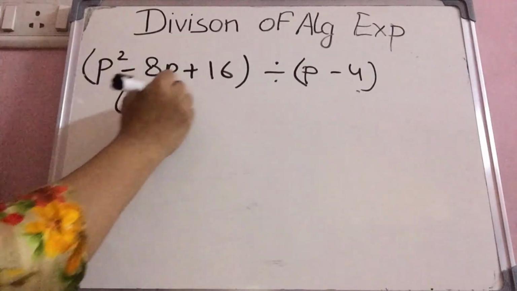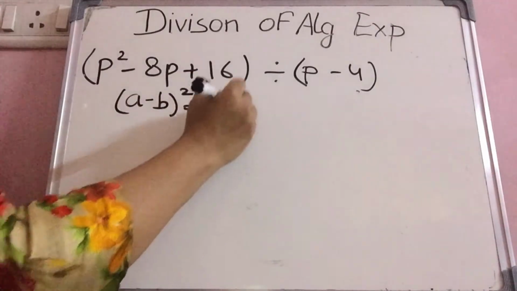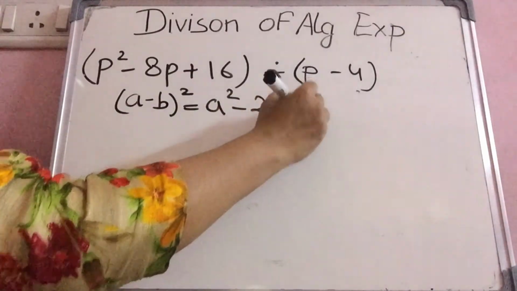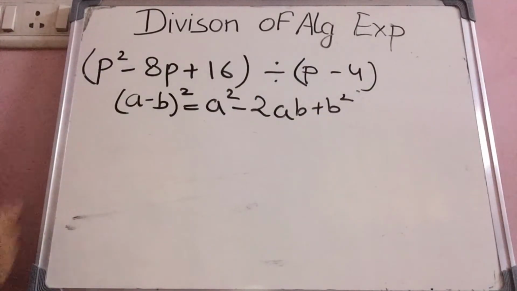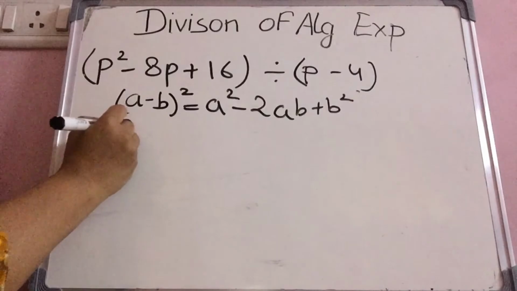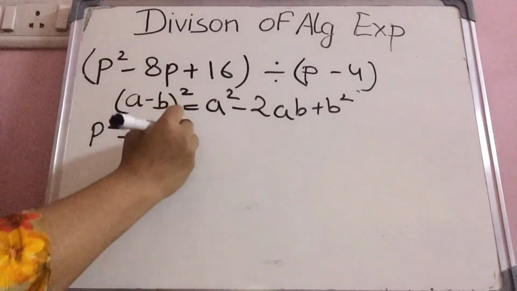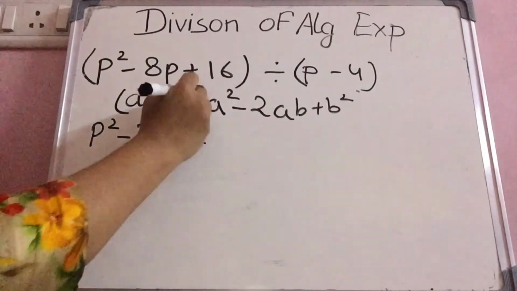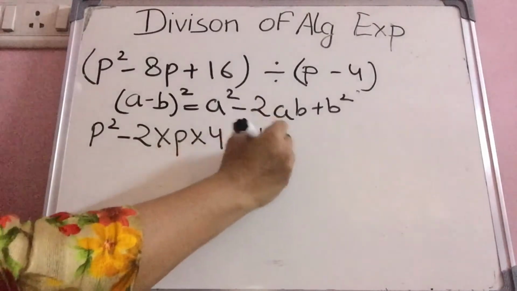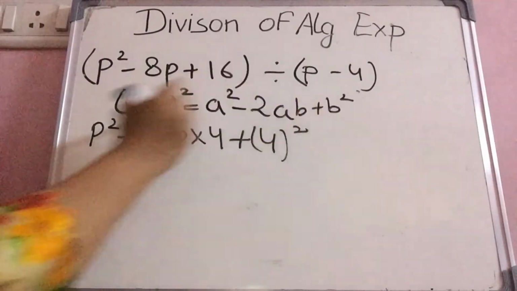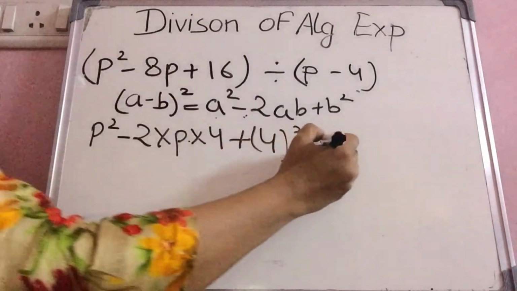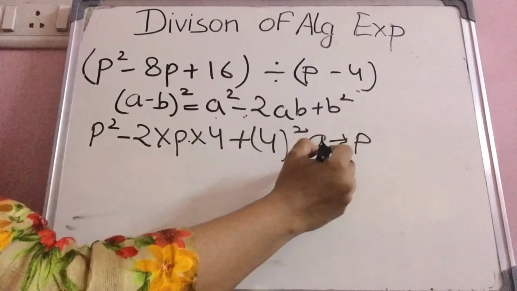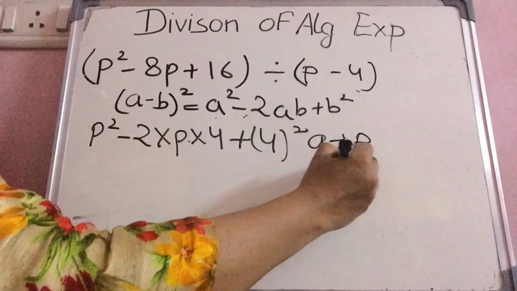That is a minus b whole square is equal to a square minus 2ab plus b square. We can write this expression as minus 2 into a, that is p, into b, that will be 4 because 16 is the square of 4. If we compare this with the right hand side of the identity, we get a as p and b as 4.